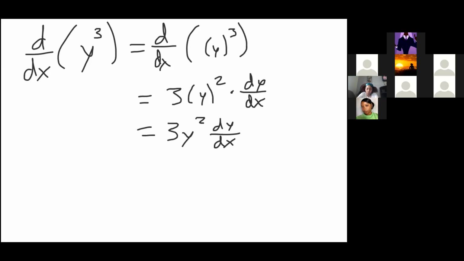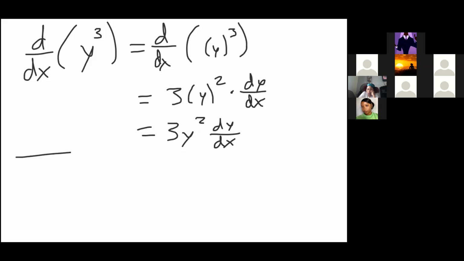So, as I said before, that dy over dx is something that we're usually going to want to solve for. It is an unknown, and that's what we want to find. And usually implicit differentiation shows up when we have implicit functions. That means y is not a specific function of x, and the best example of that is a circle.